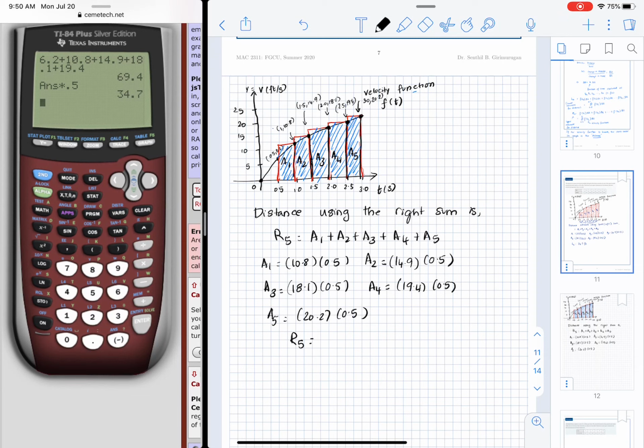So R5 would simply be 10.8 plus 14.9 plus 18.1 plus 19.4 plus 20.2 times 0.5.